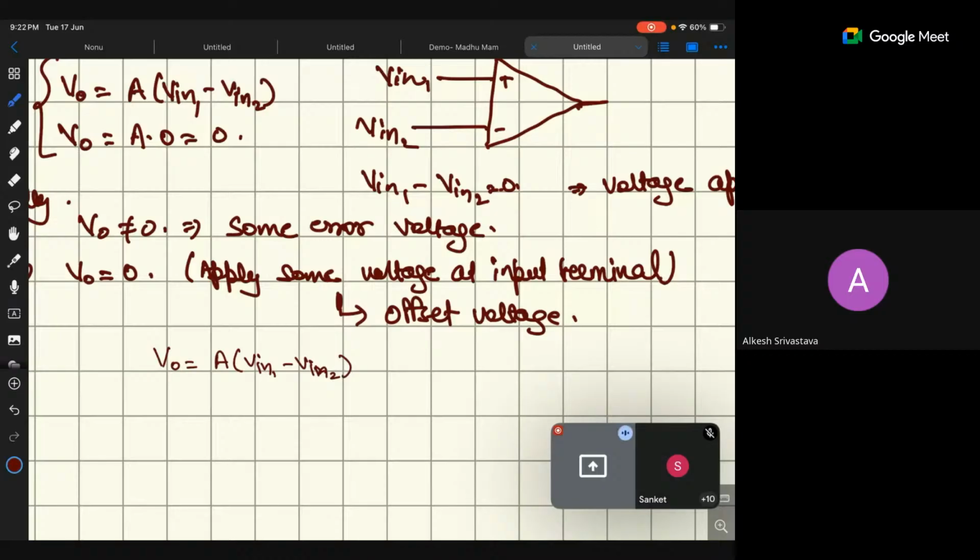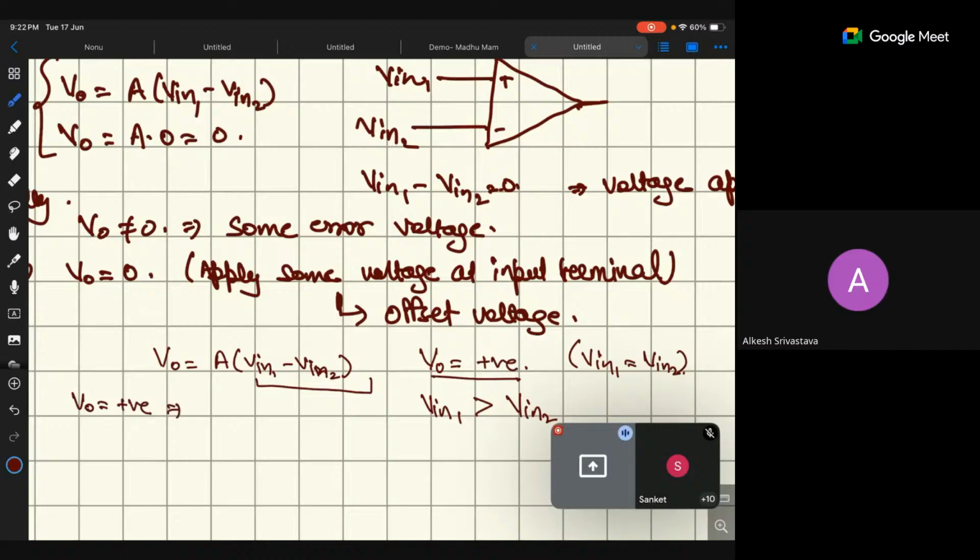If our V out is positive, that means we assume V in 1 is greater than V in 2. Normally we assume that V in 1 is equal to V in 2. So to compensate this positive voltage, we have to reduce it so it becomes 0.